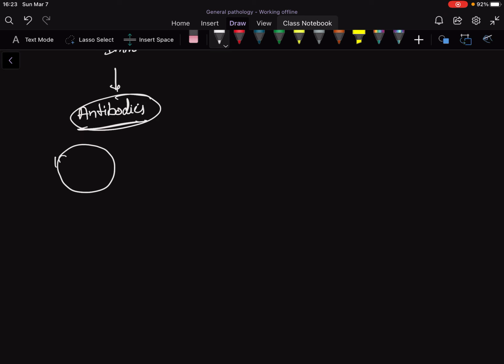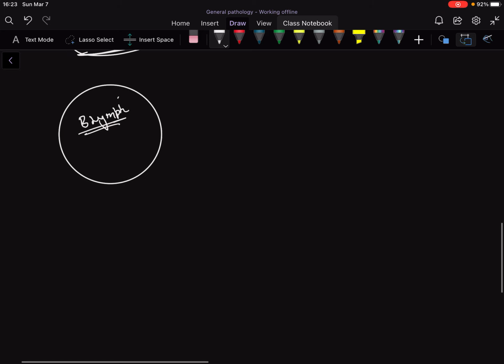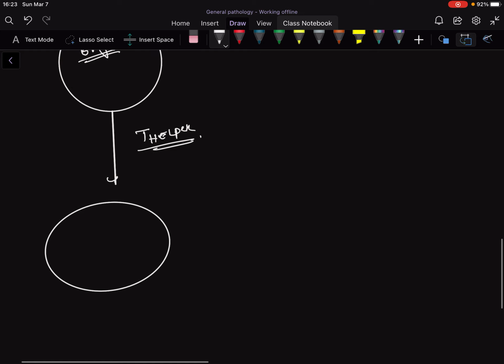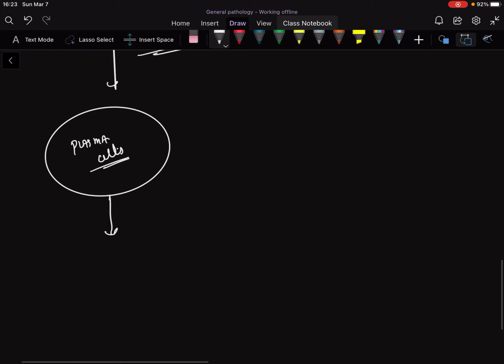Suppose, let me draw a clear diagram. Suppose these are the B lymphocytes, and B lymphocytes in the presence of T helper cells are converted into plasma cells, and these plasma cells will produce different types of antibodies like IgG, IgA, IgM, IgE and IgD.